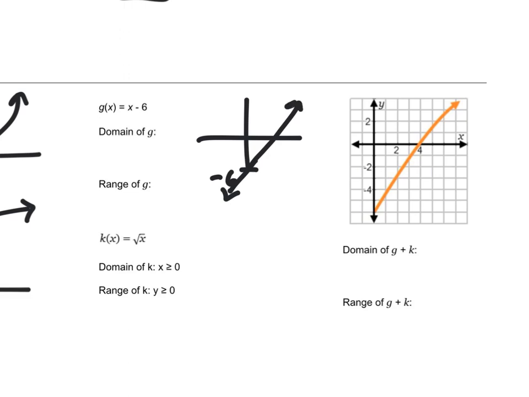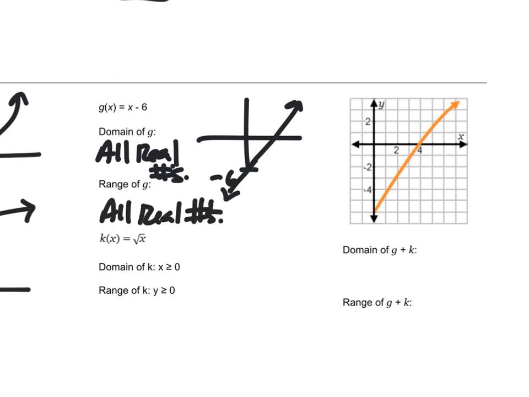So the domain of g is all real numbers, okay? And the range of g is all real numbers, okay? I can plug in any number in for x, negative value, 0, or positive value, and it will give me some sort of y value, all right?